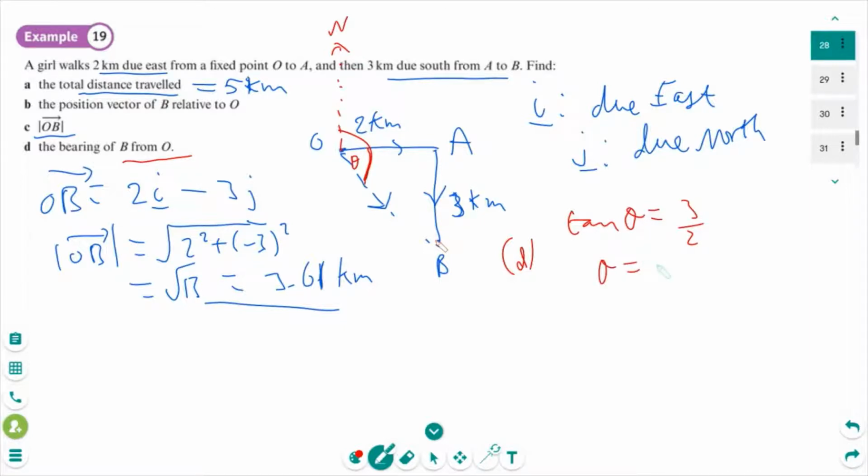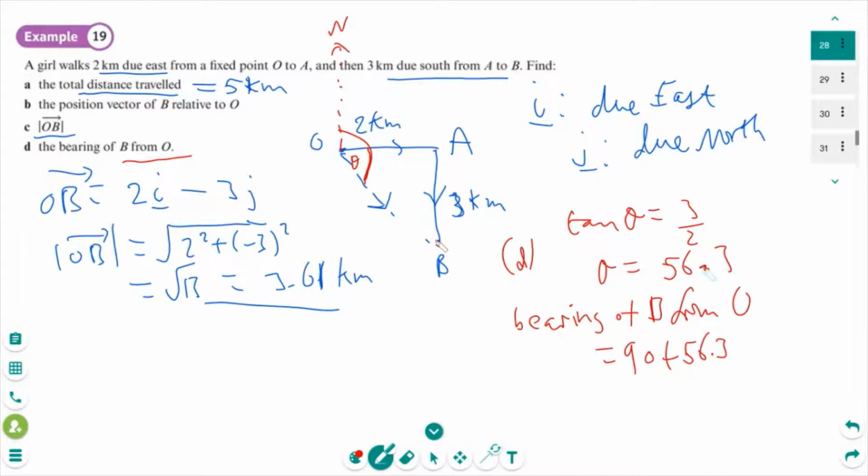Then to get the actual bearing, you just add on 90. So the bearing of B from O is 90 plus 56.3, which is 146.3. That's your bearing.